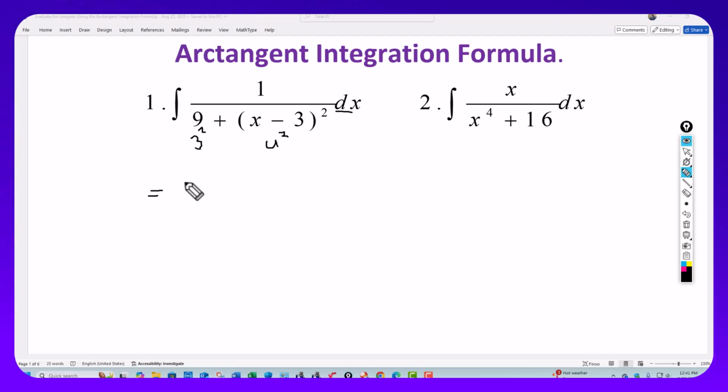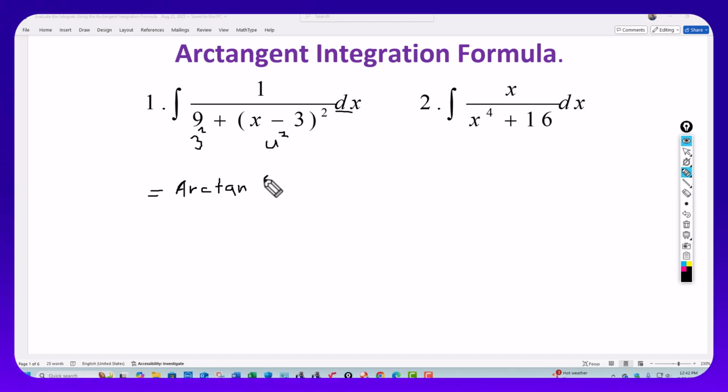This is equal to arctan of u over a. Now if this were a 2x minus 3 squared, you couldn't do it that way. You'd have to first set up the u substitution. But here, since the derivative of x minus 3 is dx, it works fine.